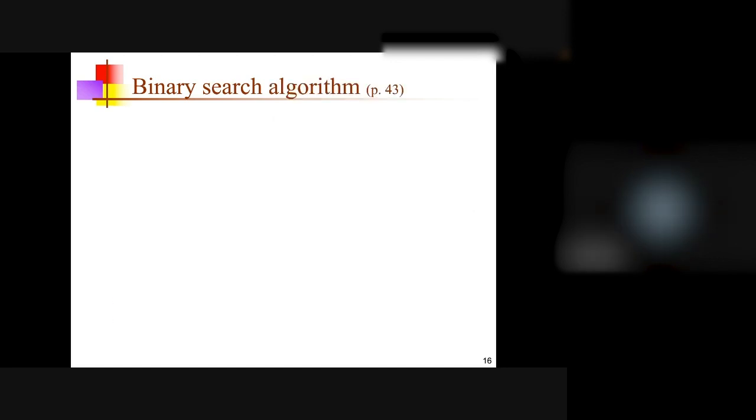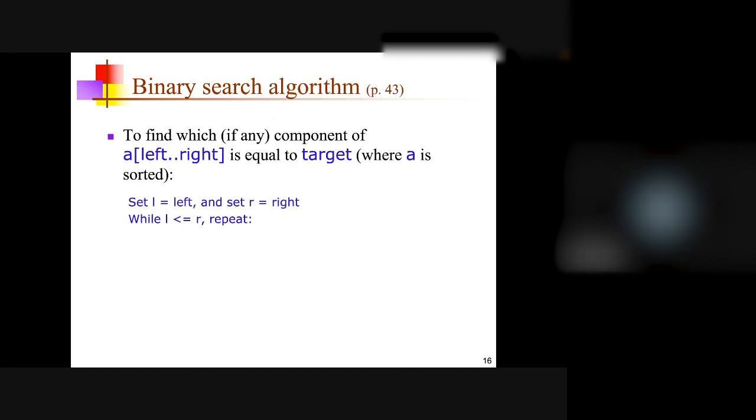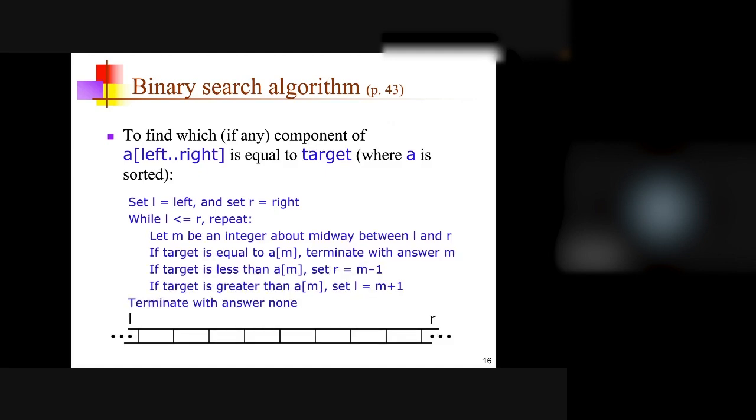So we're going to look at this together. This is an animation of a binary search. Let's say you have a list. What you want to do first is cut the list in half.